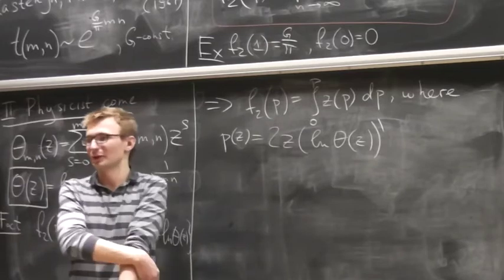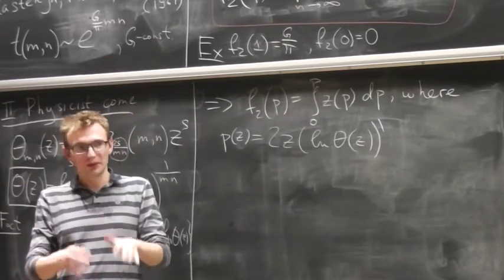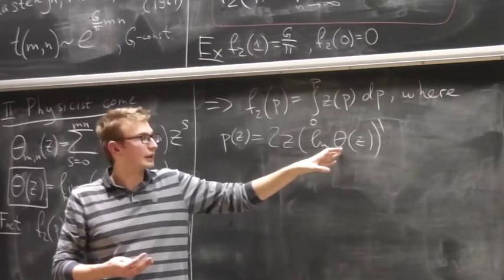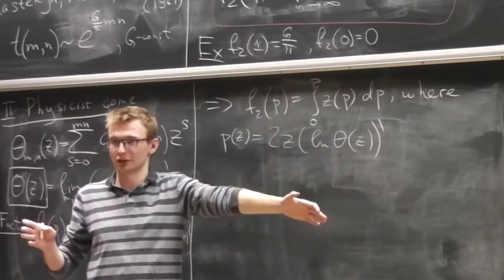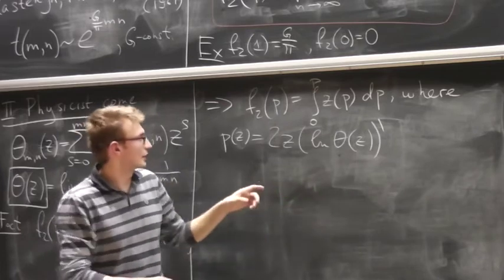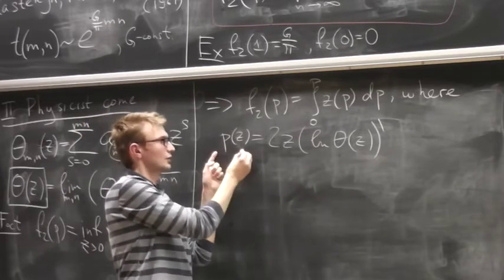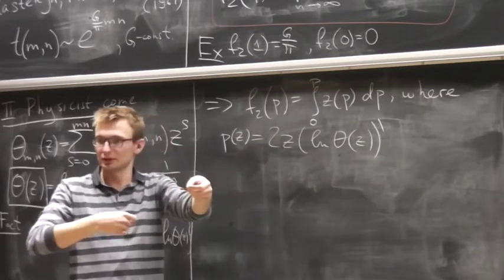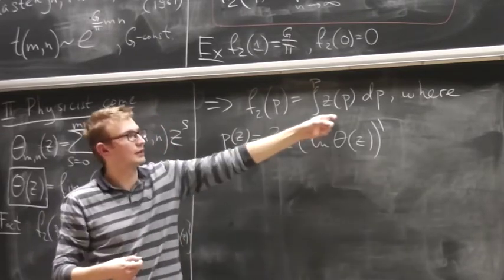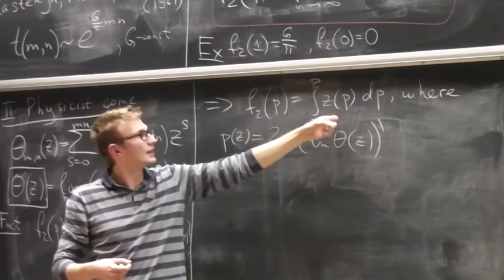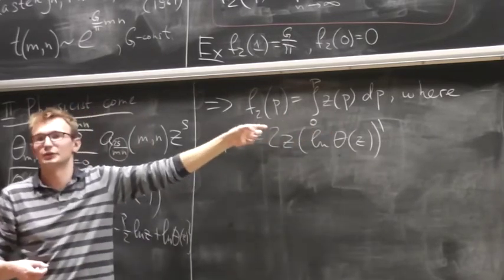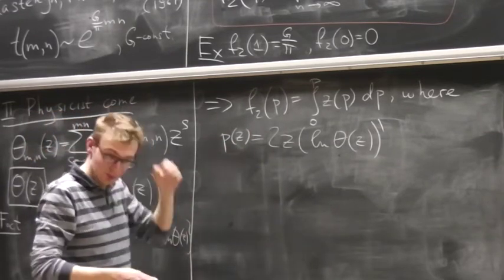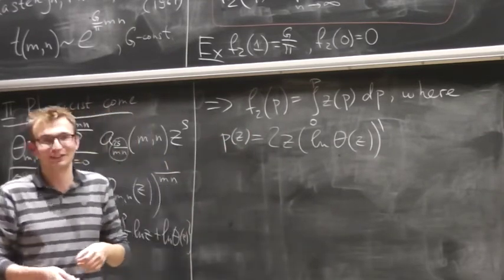Assume that we somehow manage to compute theta, or at least some part of its power series expansion. Then we can compute some part of the power series of p of z. We can invert it as a power series and plug it in this integral, and thus get some part of the power series of f of p. Okay, all these formulas, I just don't want to discuss them in detail because I'm not an expert.